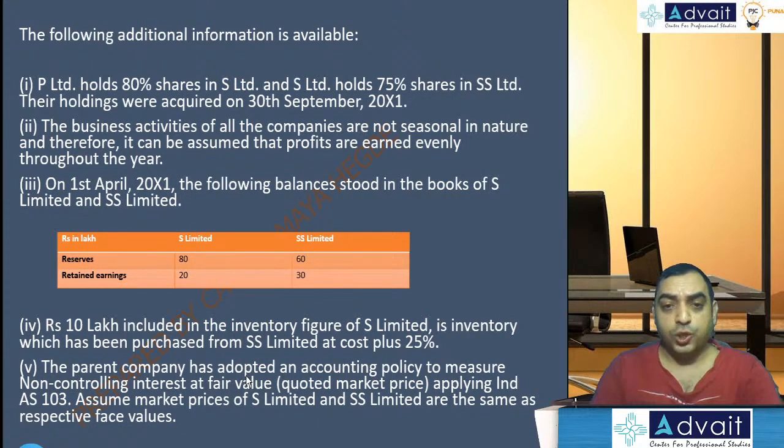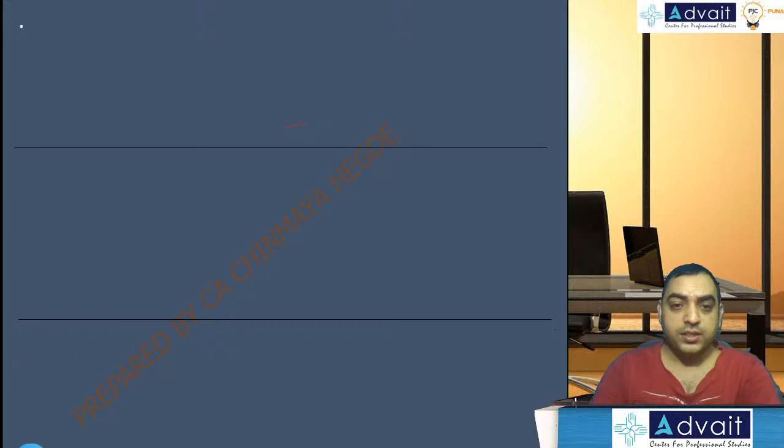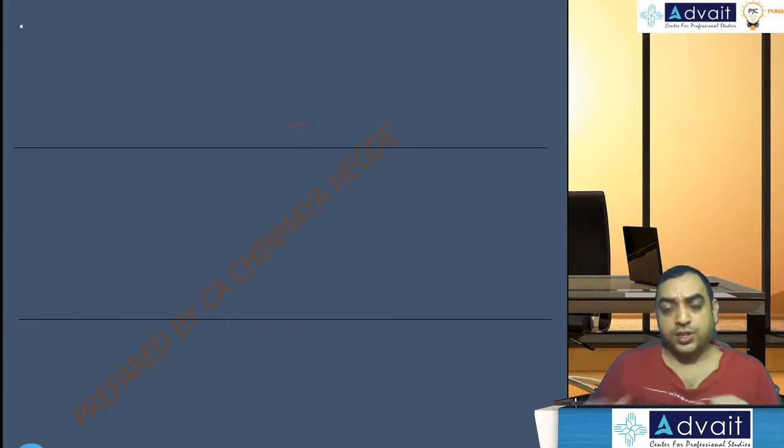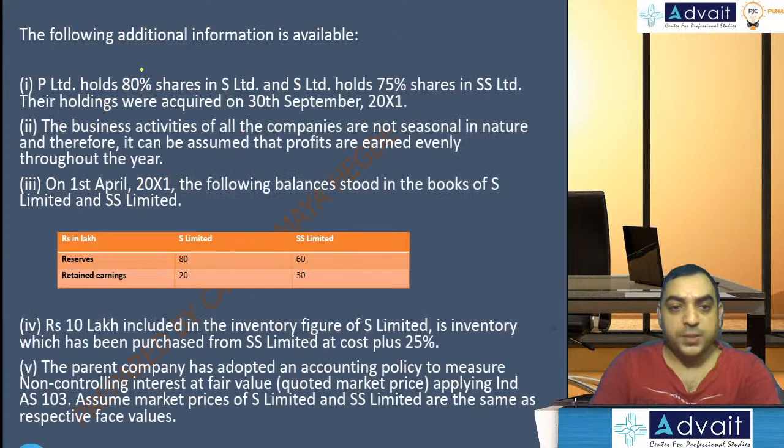Okay, let's go for the solution now. First, let us analyze the structure. P Limited has some shares in S Limited, and S Limited has some shares in SS Limited. What is the percentage?